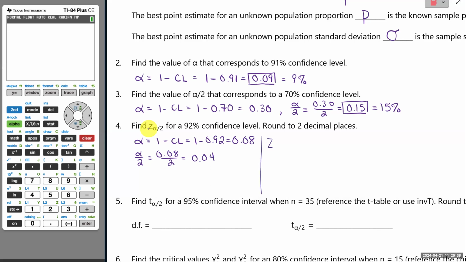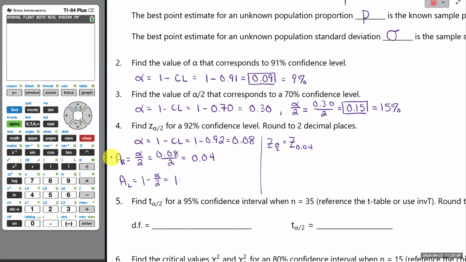So if we're looking for z alpha over 2, that is the notation z subscript 0.04. We want to remember here area to the right of the z-score is alpha over 2. But if we want to use our inverse norm function on our calculator, we need the area left of that z-score.